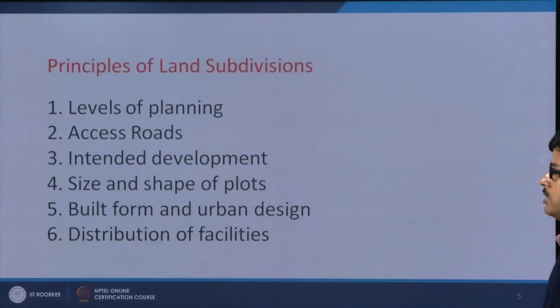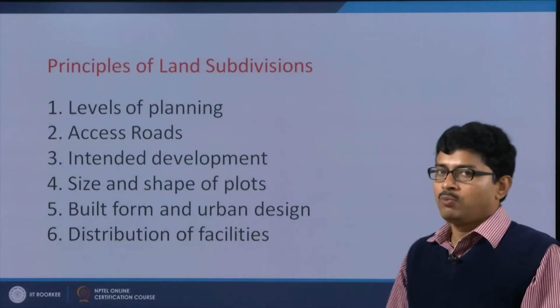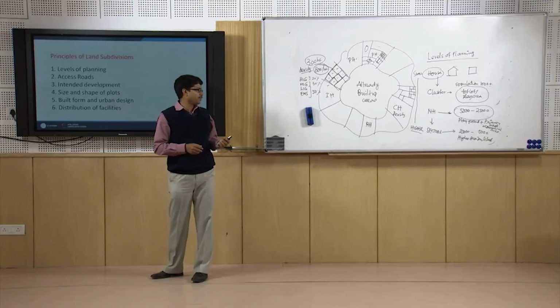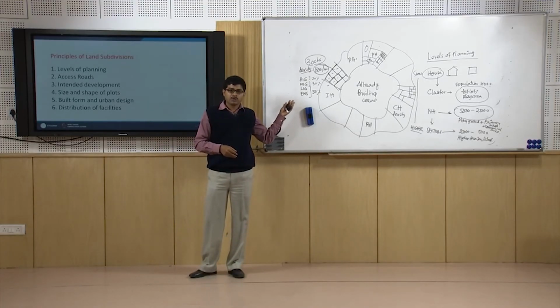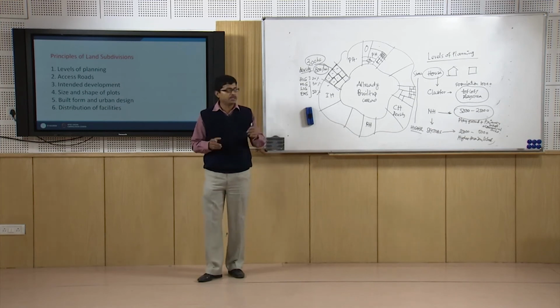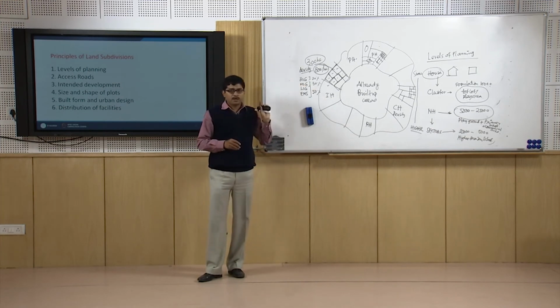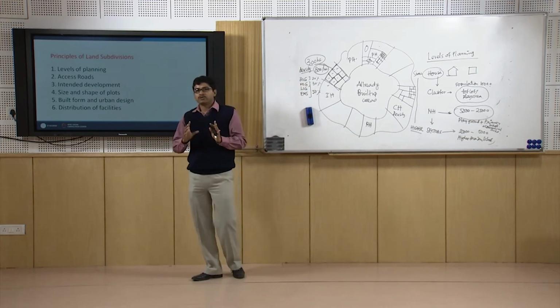The third part is intended development, whether it is group housing or plotted housing or rental housing or cooperative housing. The requirement for cooperative housing is different from group housing, because the size of the cooperative housing may be different.